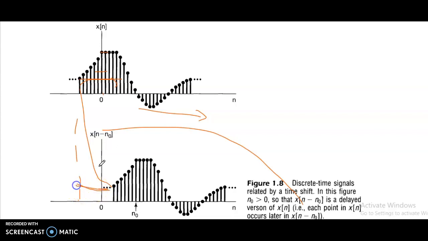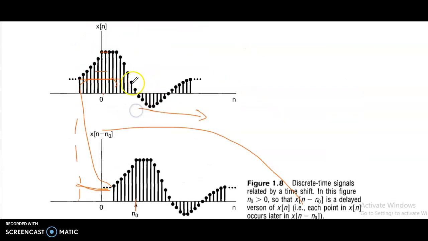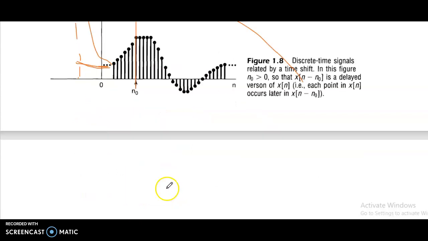So this is n naught, here n only. This position is minus n naught. So here is n minus n naught, shifted.